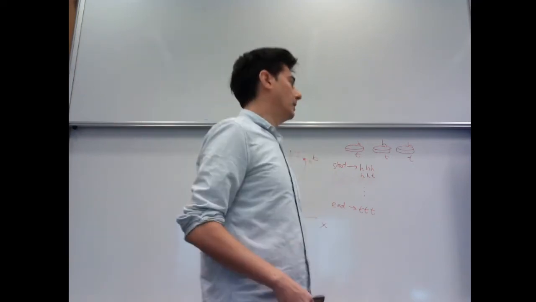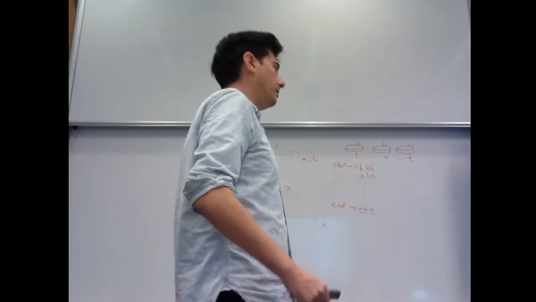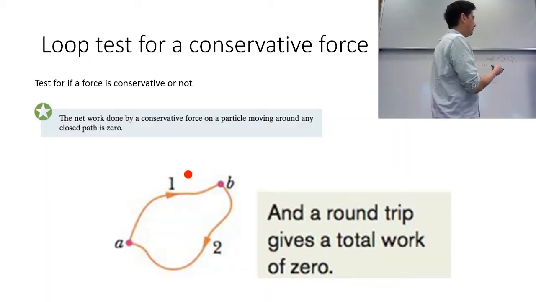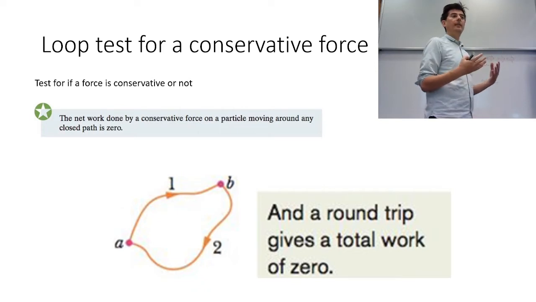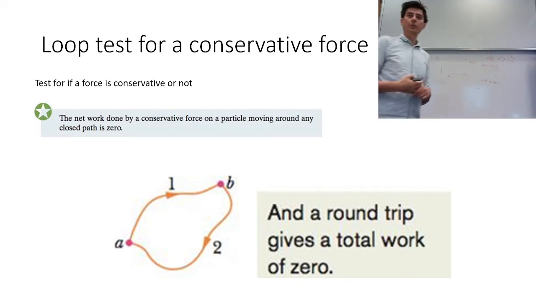So basically, you start and end at the same position or same configuration, whatever it is that you're talking about. And if the net work done, so basically just the sum of the two, so there's some work associated with going here, and there's another work going from there to there. If you add those two together, if they're zero, then it's a conservative force. That's kind of the test.